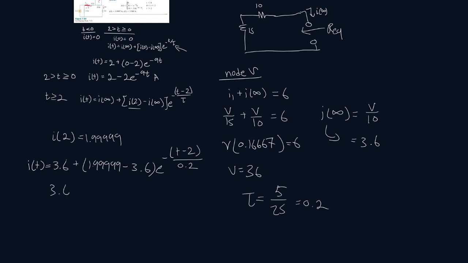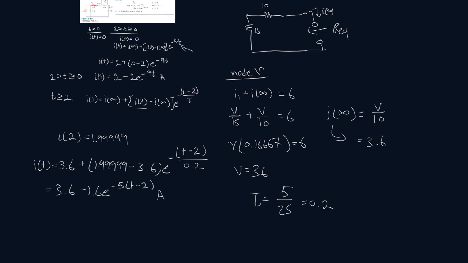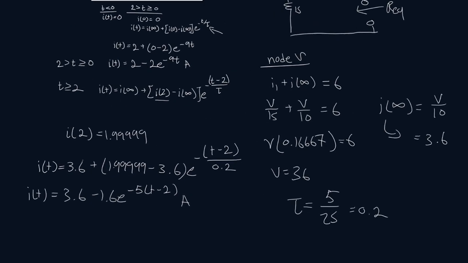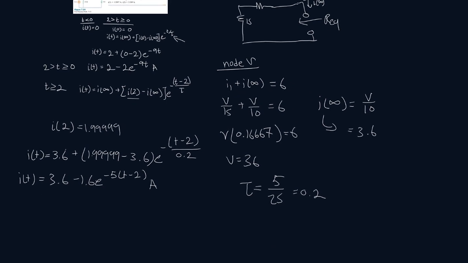So it's 3.6 minus 1.6 e, and 1 divided by 0.2, that's 5. So minus 5 bracket t minus 2 amps. And then this is your formula for when t is greater than or equal to 2.